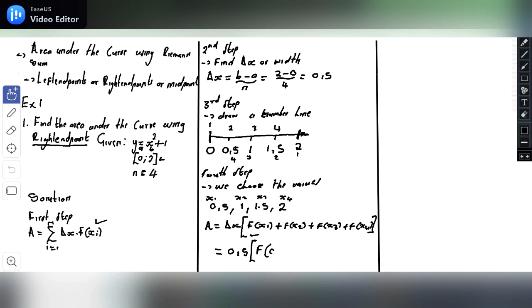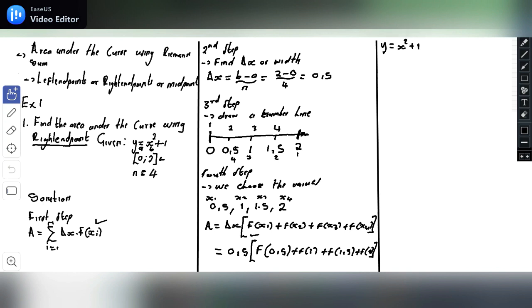Therefore, we have f of, what is x1? x1 is 0.5. What is x2? x2 is 1. What is x3? It's 1.5. What is x4? It's 2. Right. After writing it down like this, now that's where we are going to write our function. Remember, our function is y equals x squared plus 1.